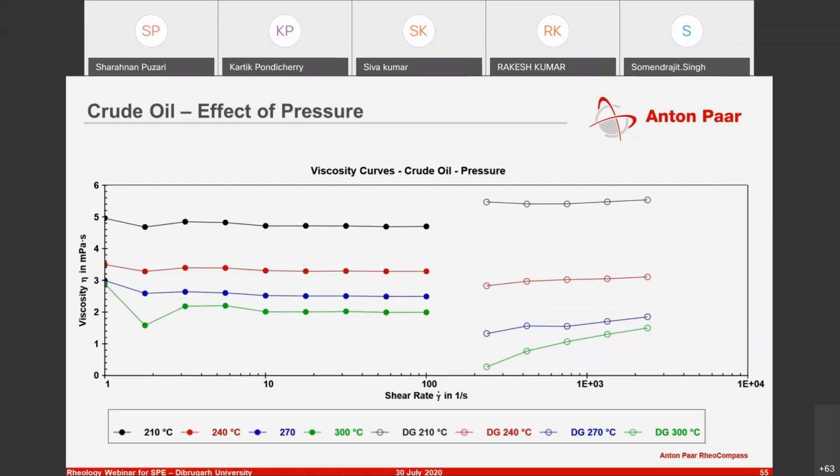Of course, in many cases, they test crude oil under pressure, under certain conditions. And there you will see that there is a drop. So these ones are under certain pressure, and these ones are at ambient pressure. So there you see a definite change in the viscosity of your samples with respect to pressure.